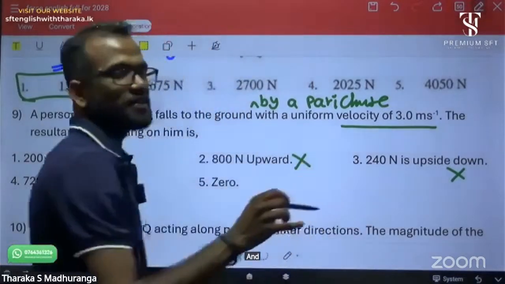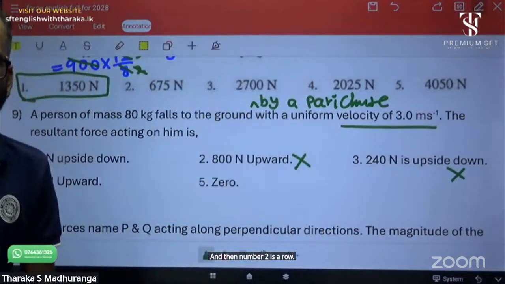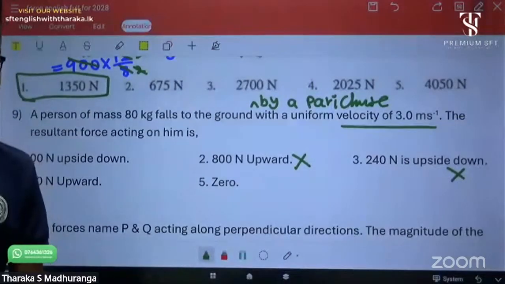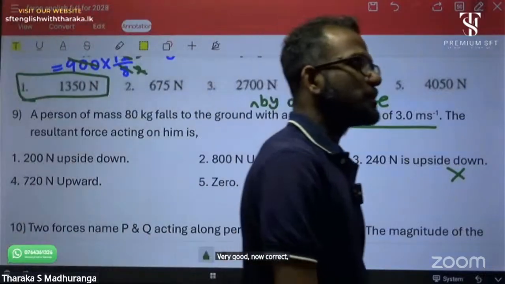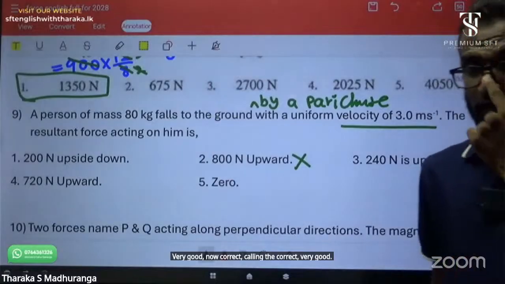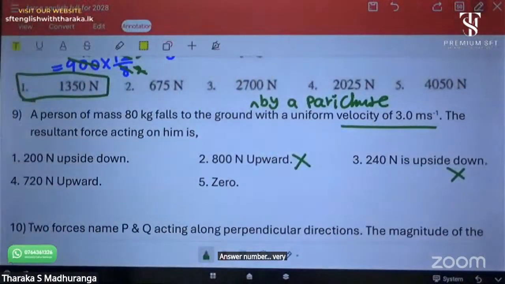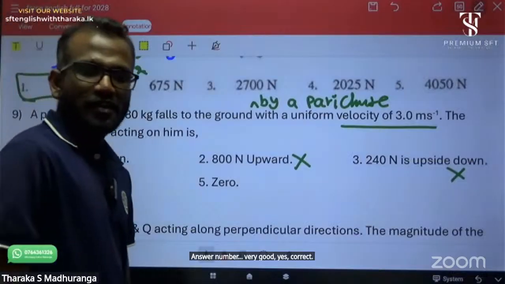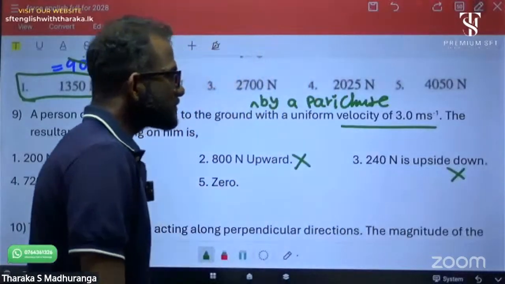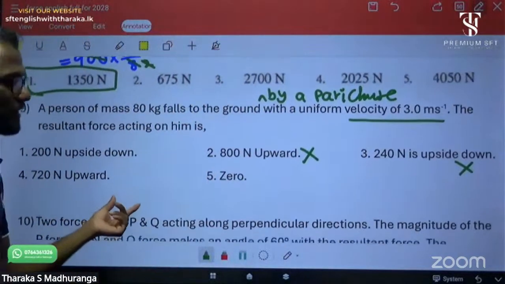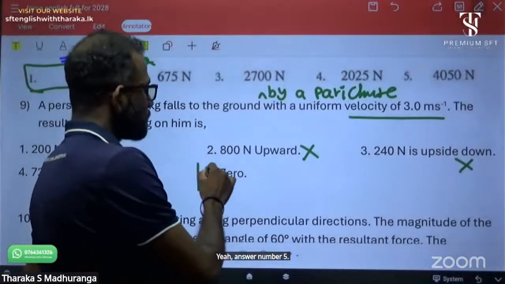Answer number 2 also wrong. Very good. Now correct. Very good. Yes, correct. Answer number 5. Why?